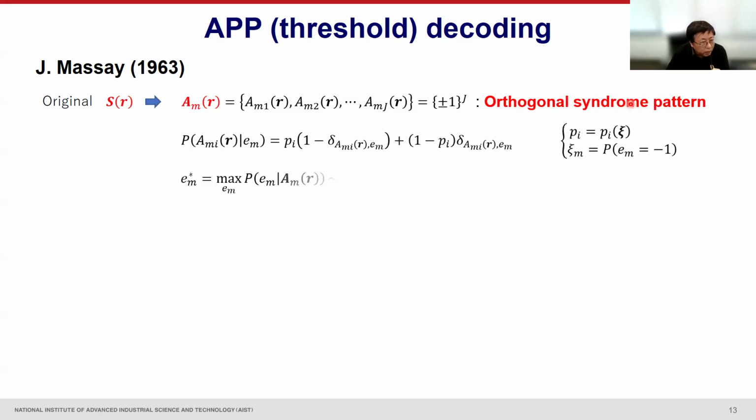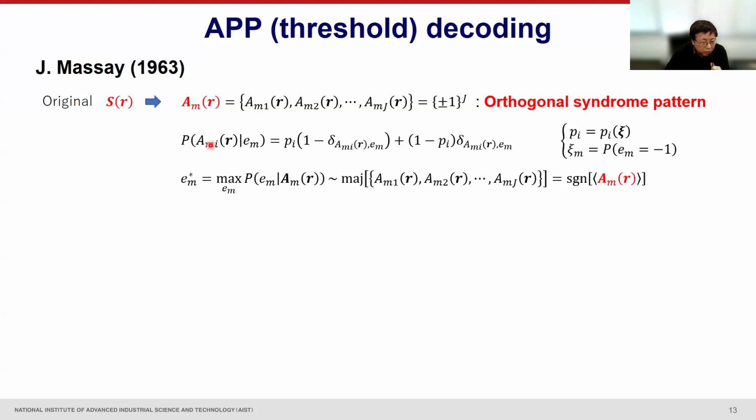He showed that the required marginals should have values larger than 1/2 if we use A instead of arbitrary S. In other words, the error pattern E and the orthogonal syndrome pattern A should have reasonable correlation if noise is small to a certain extent.